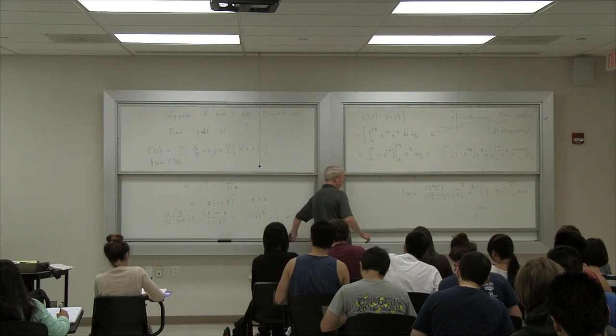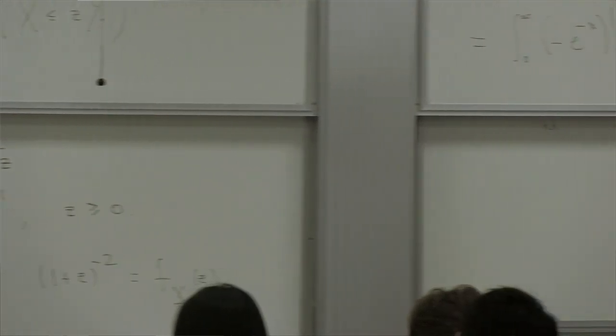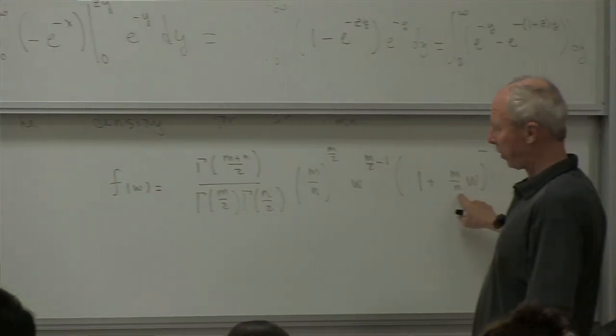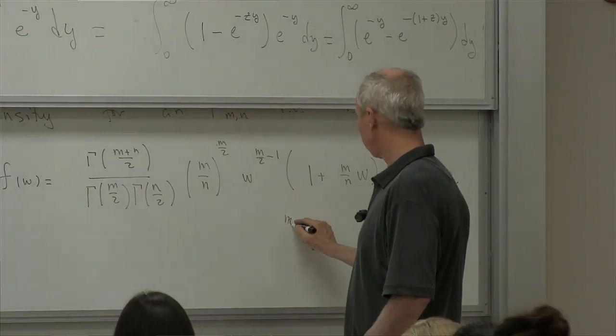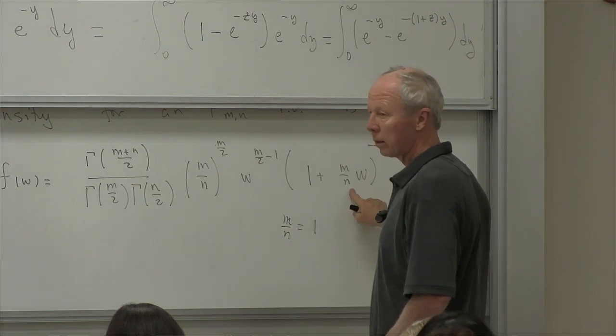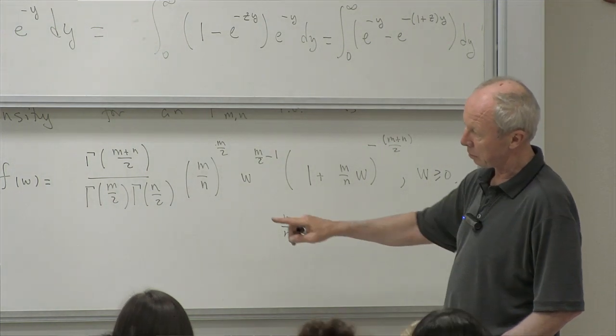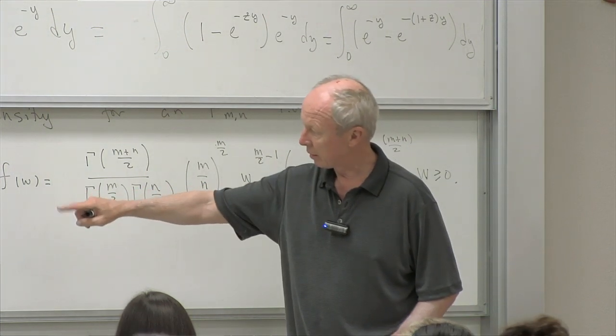Okay, now let's try this. So here, M over N would still have to be equal to 1, because what is it there? It's 1.